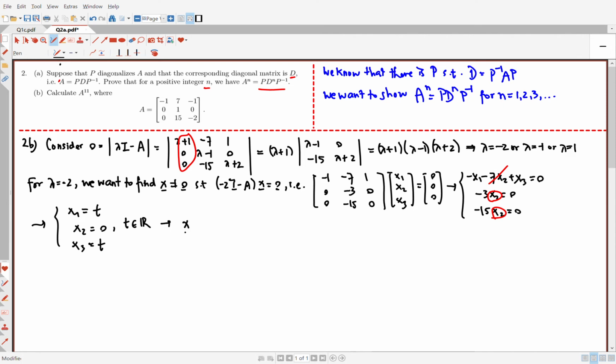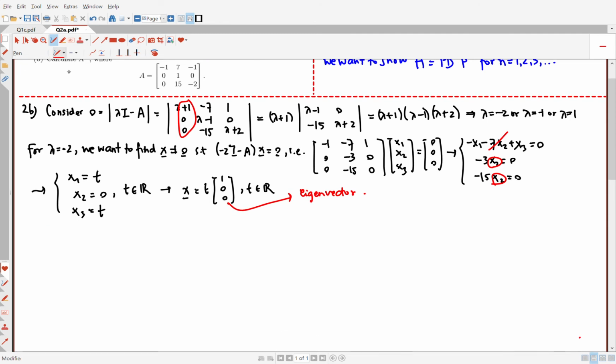So my x is t times 1, 0, 0, where t is a real number, and we can pick this as my eigenvector for lambda equals minus 2.